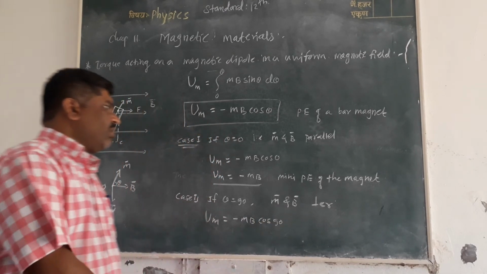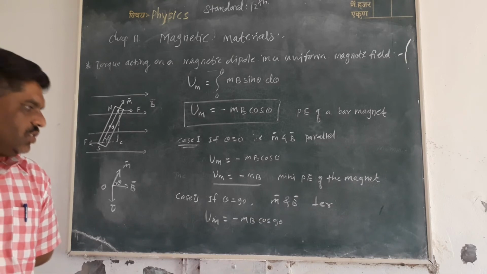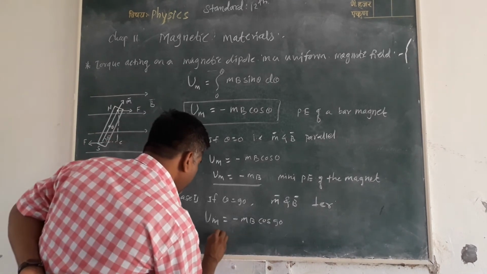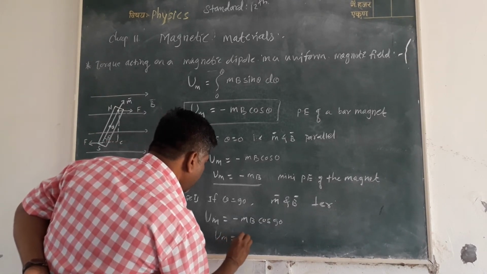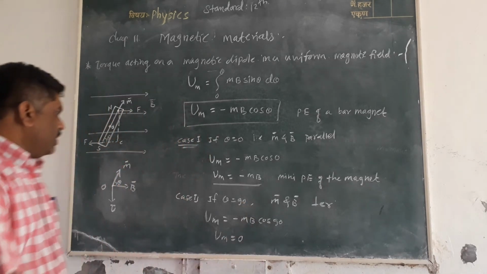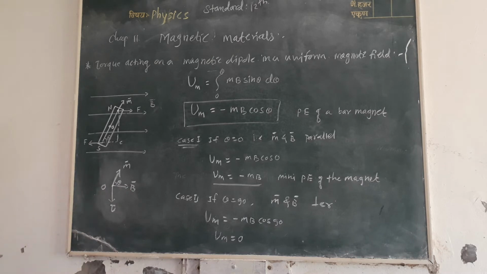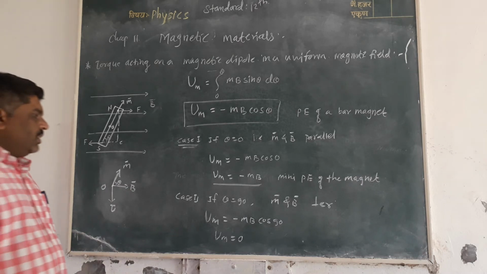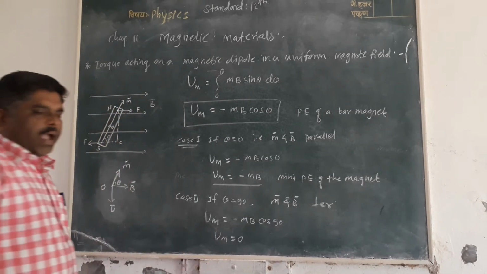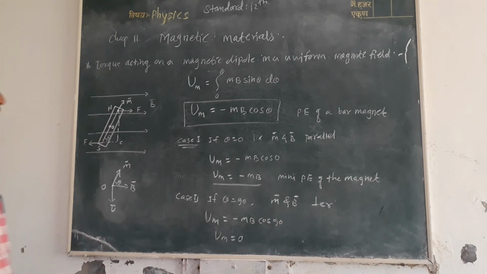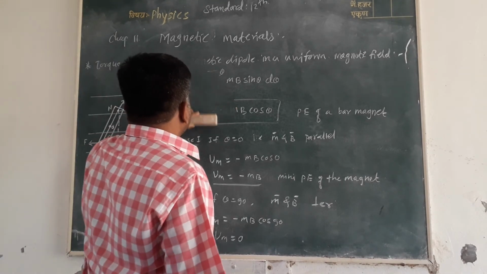We know that cos 90 is 0. Therefore, UM is equal to 0. If the direction of M bar and B bar is perpendicular to each other, then there is no magnetic potential energy.